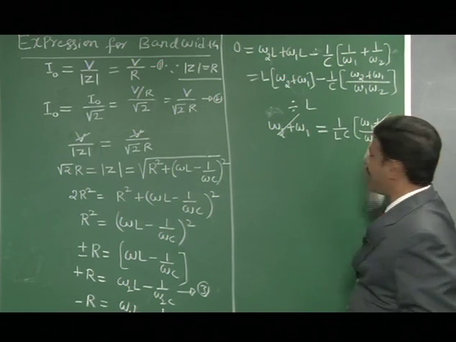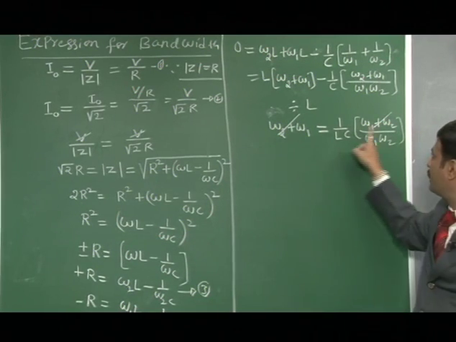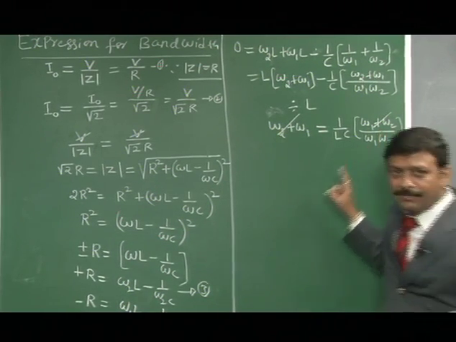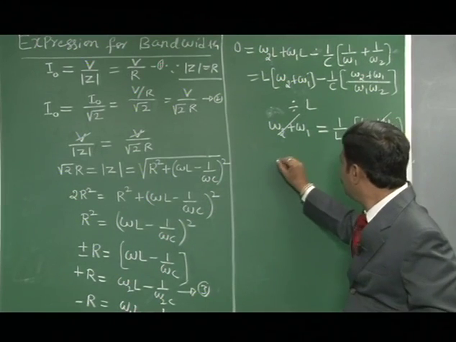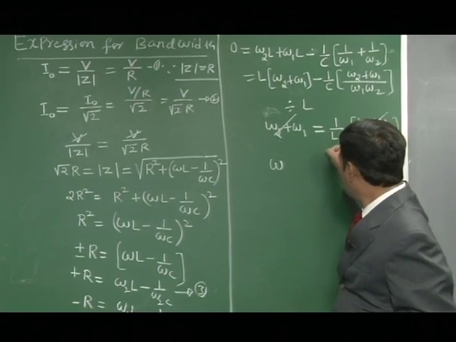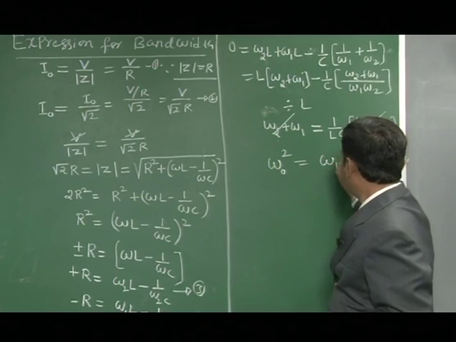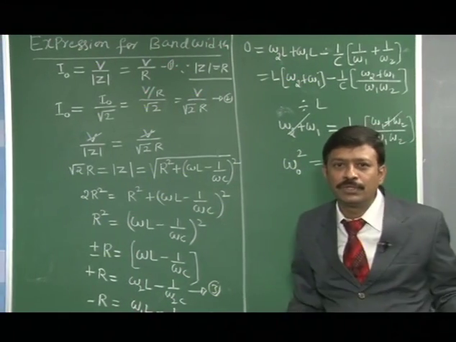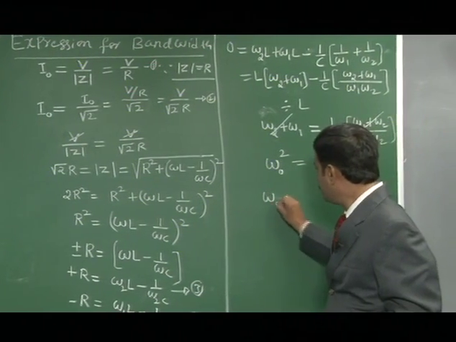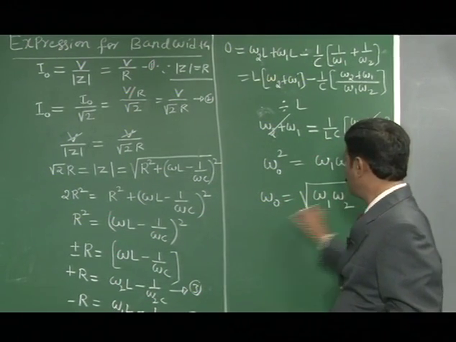Omega 1 plus omega 2 and omega 1 plus omega 2 cancel each other, and finally 1 by LC, which I can write as omega naught square, is equal to omega 1 omega 2, and omega naught is equal to root of omega 1 omega 2.